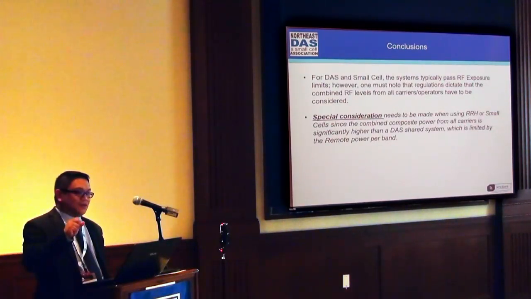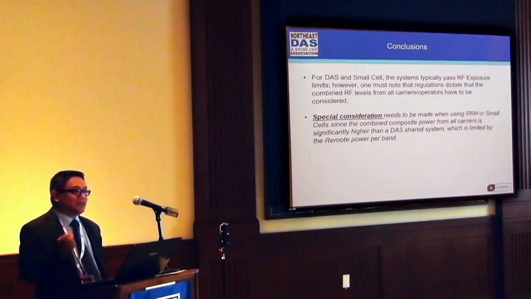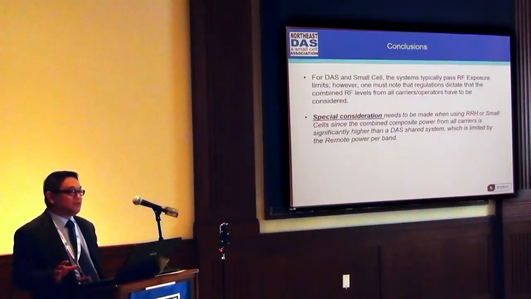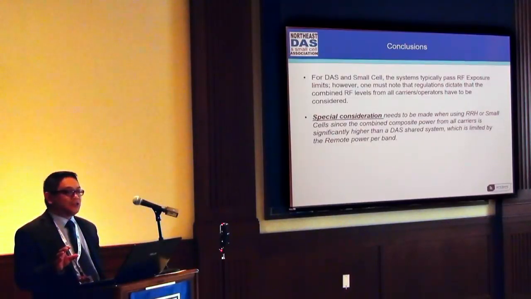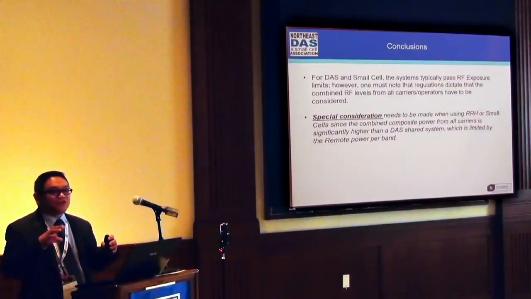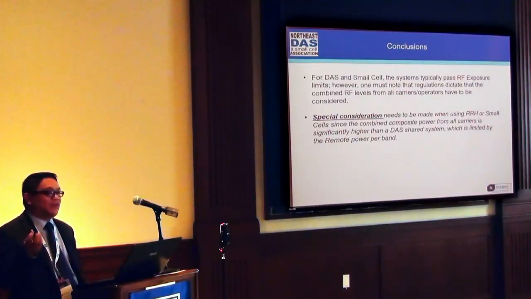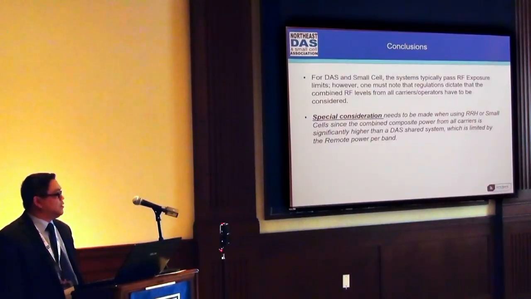So when you're doing designs, small cell DAS, especially on large venues, it is better that you consider the fact that the FCC regulations dictate that it's the cumulative impact of all the RF sources in a given antenna or a given area that needs to be considered, and not just the individual ones.